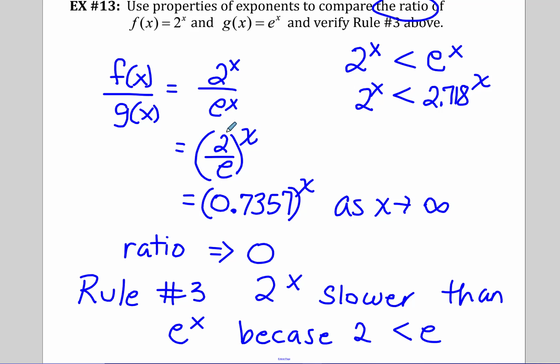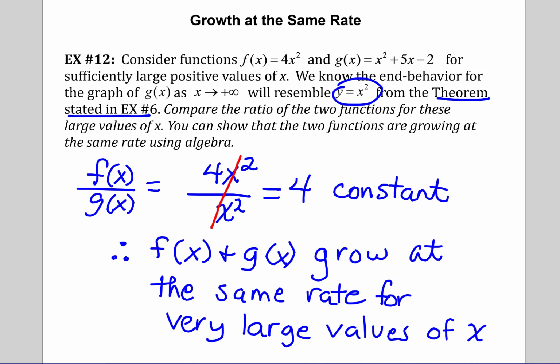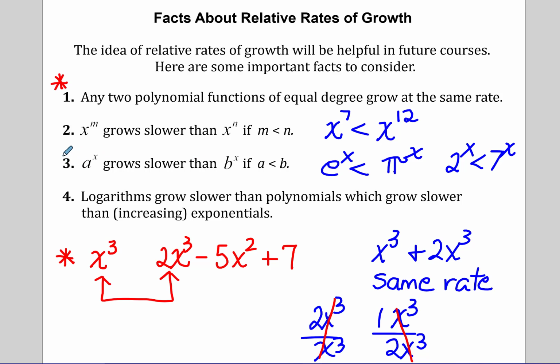So don't get too taken up with me just kind of exploring and thinking ahead to calculus, because you're not going to be tested on that in pre-calc, but just the fact that those rules hold and why they hold, I just wanted you to see that little extra bit. So these rules hold, and that's the kind of stuff you need to know for pre-calc.